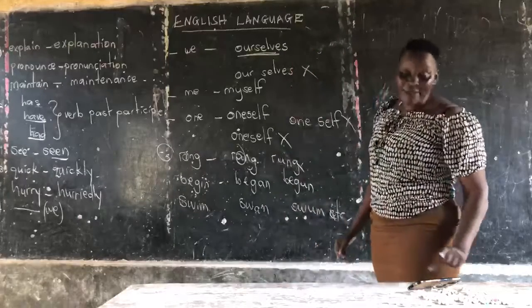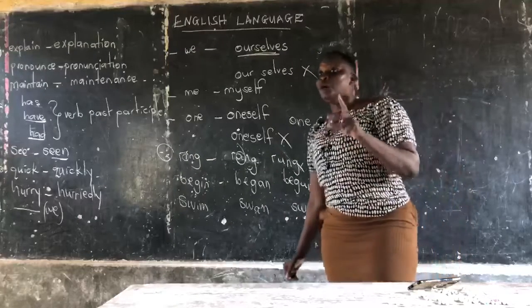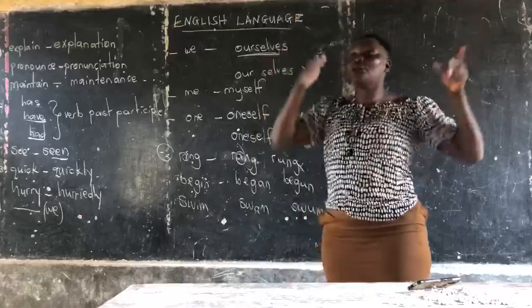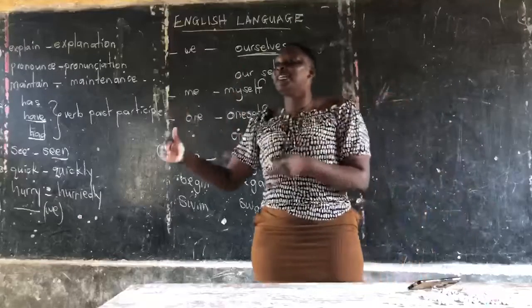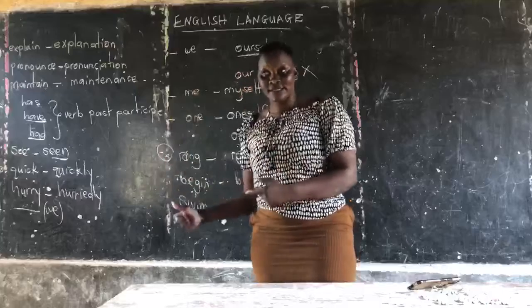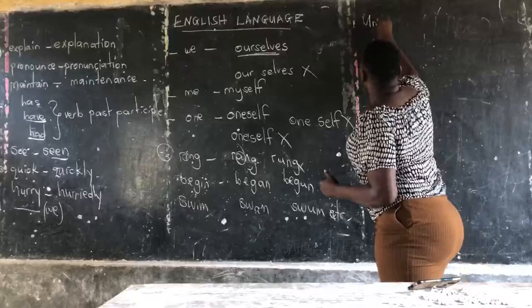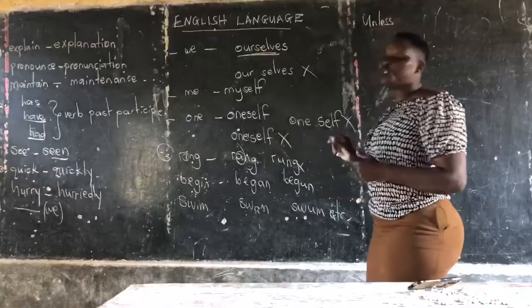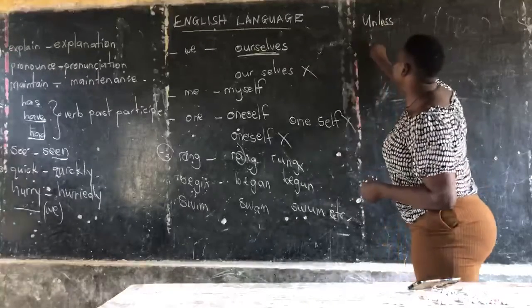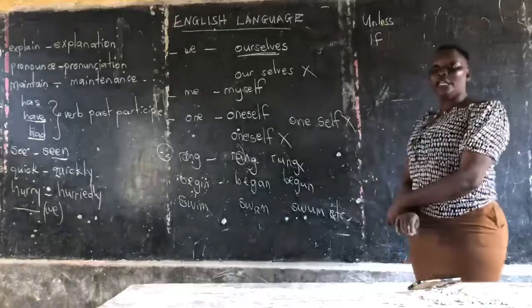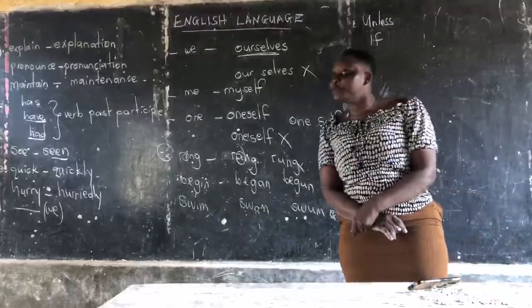Now when you look at number 6, that one is a conditional sentence. For something to happen, there is an event that is supposed to take place. So, we normally have two words that are used in conditional sentences. That is unless and if. How do we differentiate them?